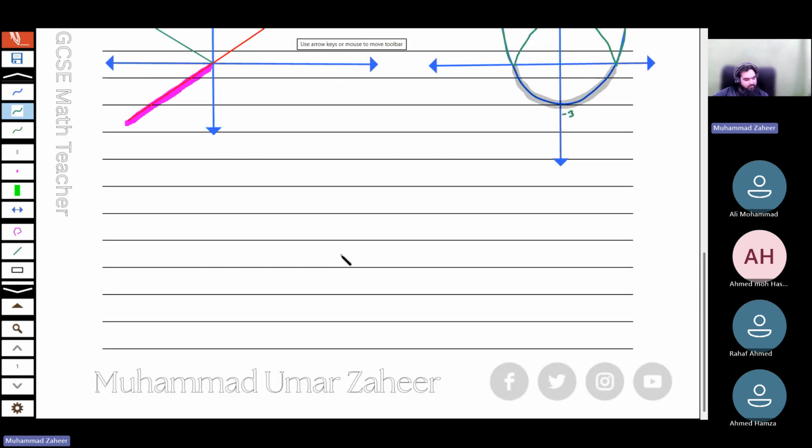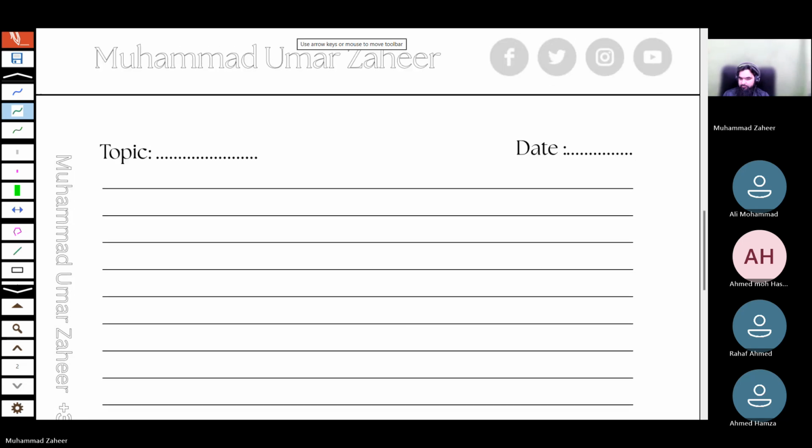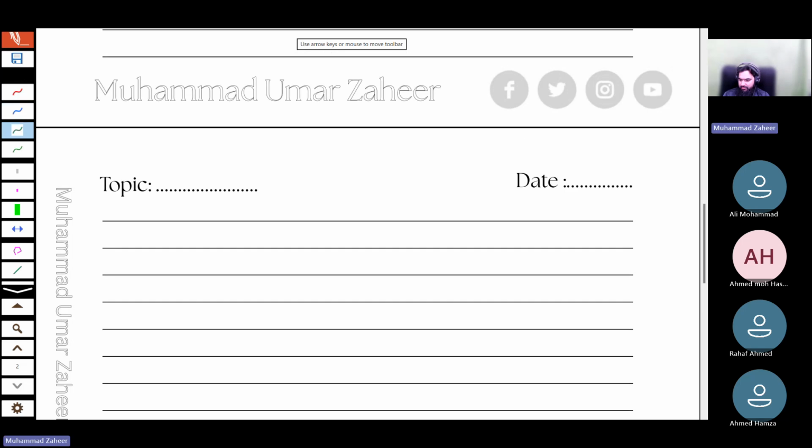Now we are just going to talk about how we are going to solve these types of equations. Now we are just focused on how we are going to solve it. The question is: solve the equation 5 times mod of 5x minus 2, minus 1, is equal to 14.